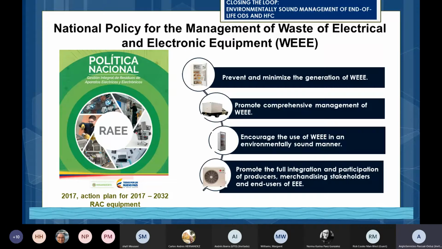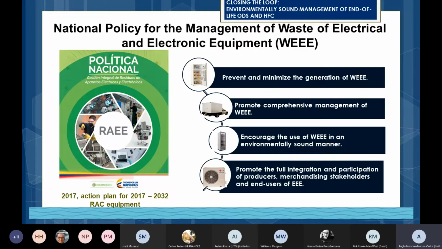It's also important then to mention that for the management of HFCs and ODSs at the end of life, we also pay attention to the application of all the established provisions to manage electronic and electric equipment and all the waste. We call it RAEE. It was passed in 2017. That includes a period between 2017 and 2032, and it also includes within this policy the RAC equipment, refrigeration and air conditioning equipment.